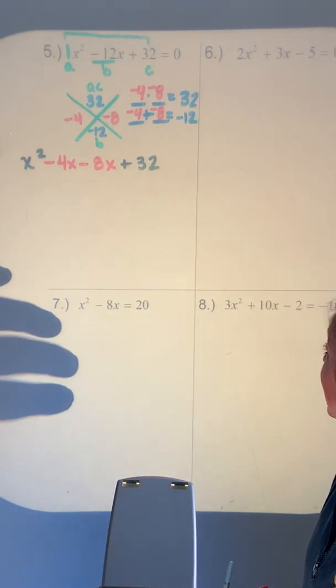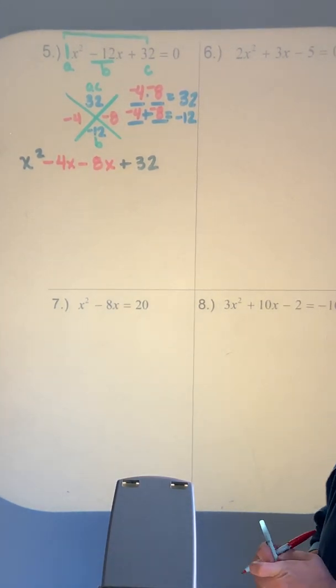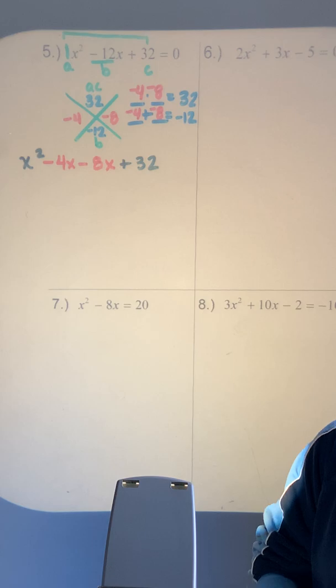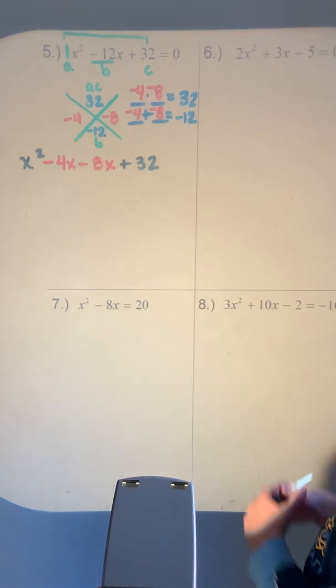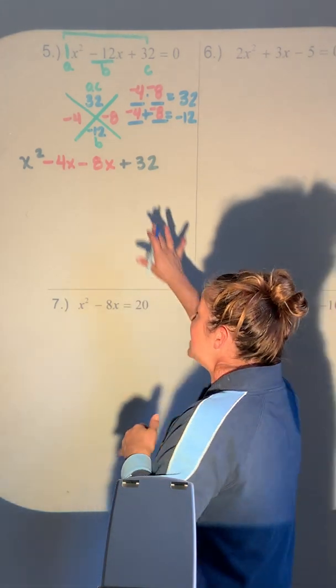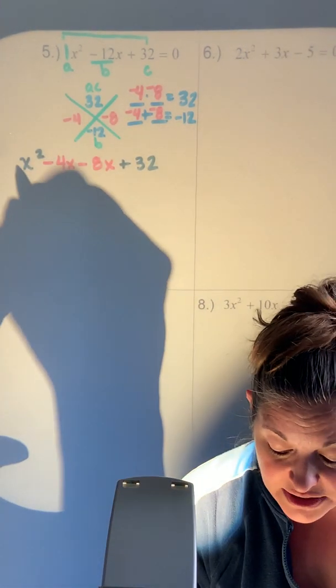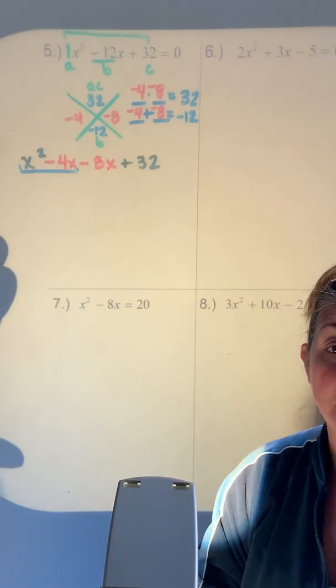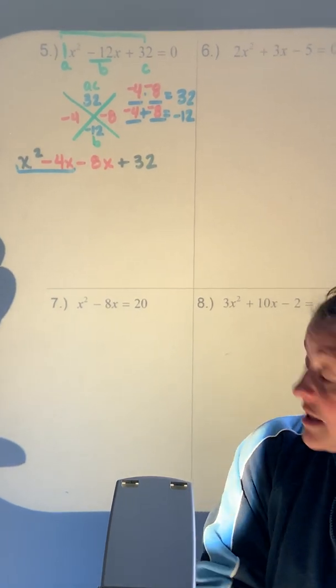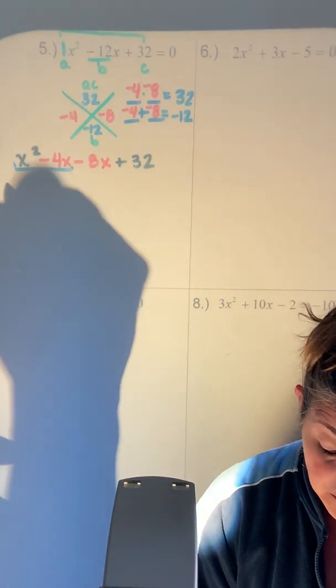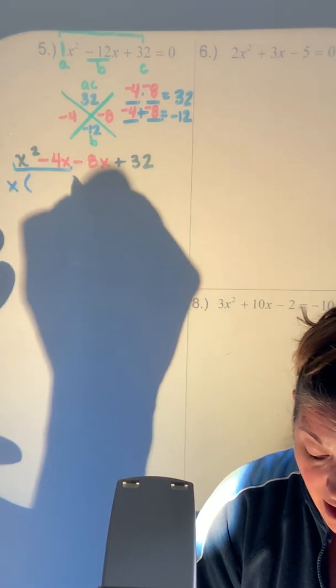So this right here is just the original problem rewritten to have the middle term broken up. Now we're going to use that double grouping. We're going to look at this first half right here, and we're going to pull out the GCF. The GCF between those two would be an x. It's what they have in common.